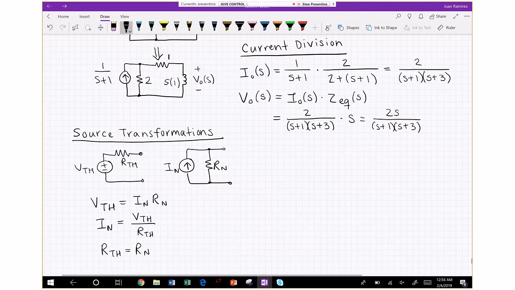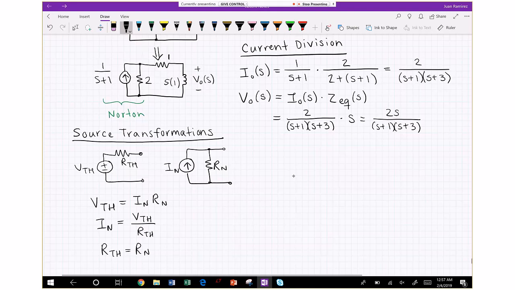Can we notice that the current source in that little green bracket, the current source and the 2 ohm resistor make up a Norton equivalent circuit. That means I can convert it into a voltage source and a series resistance, or a Thevenin resistance. In this case, we'll call it impedance because we're in the S domain.